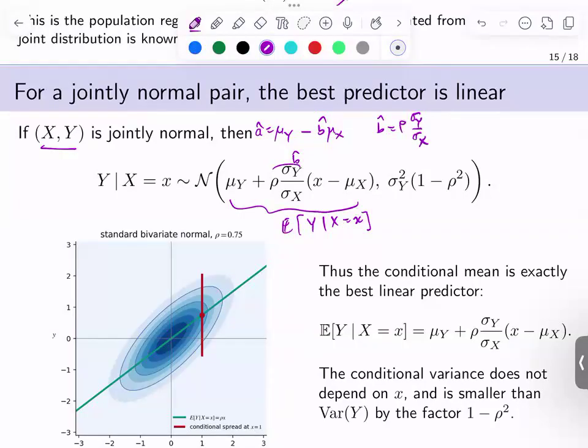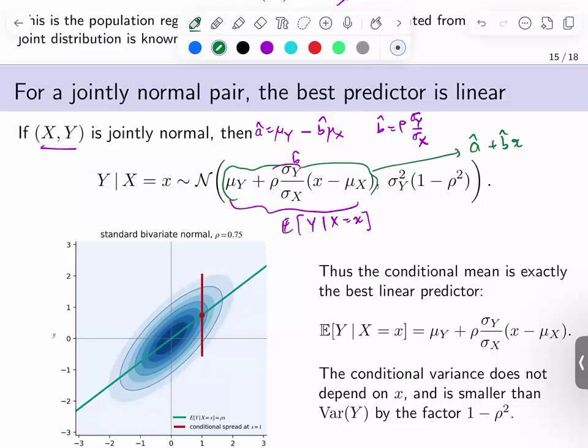This is a special case of this quantity. This thing is really a hat plus b hat x. So it's really saying that the conditional expectation is linear, and they just coincide.